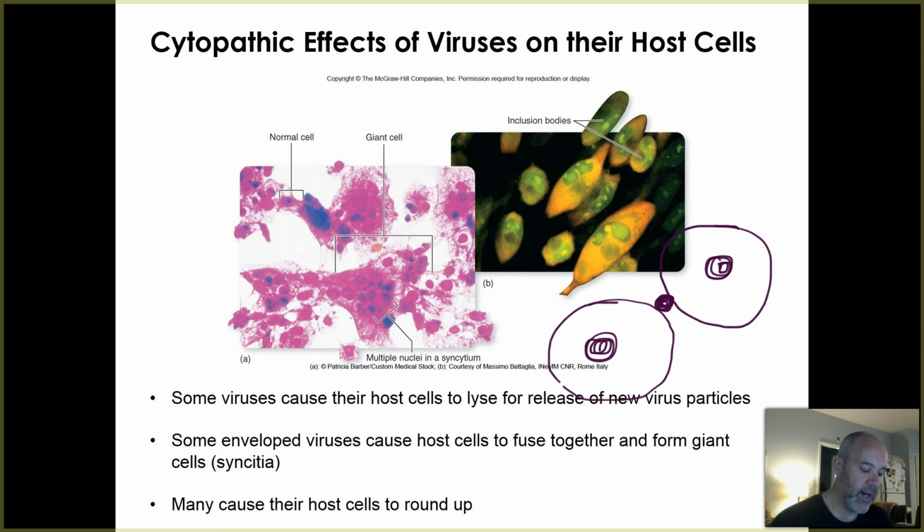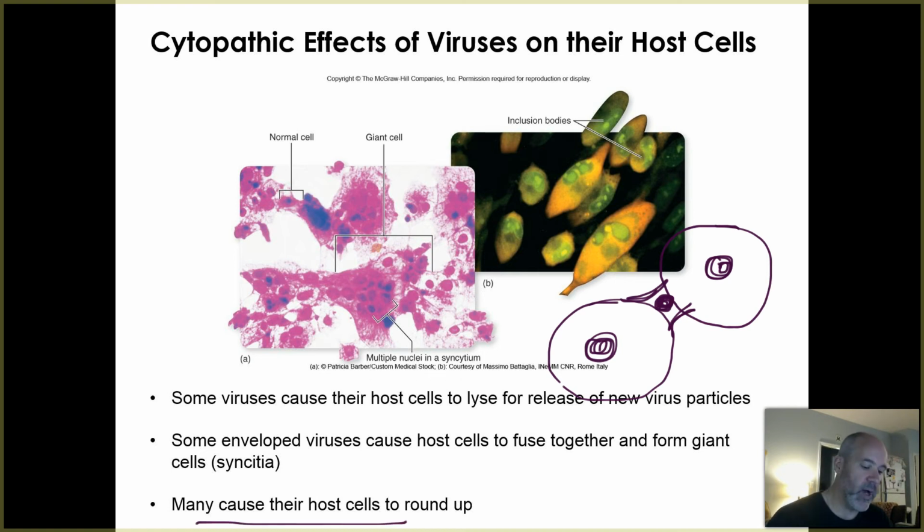And when it does that, it can actually cause the cell membranes to fuse or melt together. And now you have a bigger cell that has two nuclei on the inside. And then you can imagine if you've got a vigorously replicating virus where all these new viruses are budding and reaching out and attaching to other new host cells, pretty soon you can wind up with these big giant cells that are called syncytia.